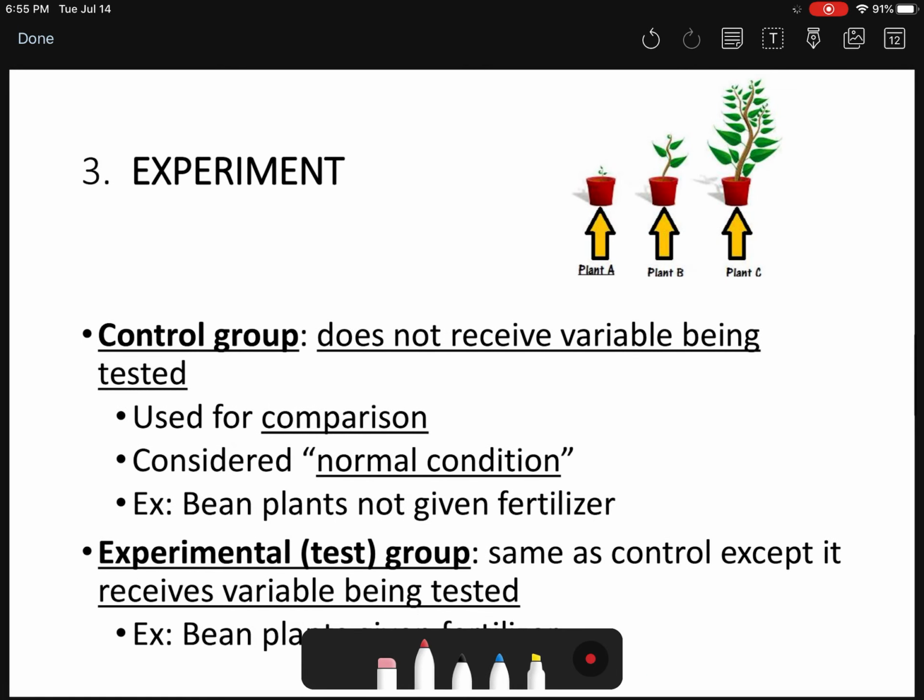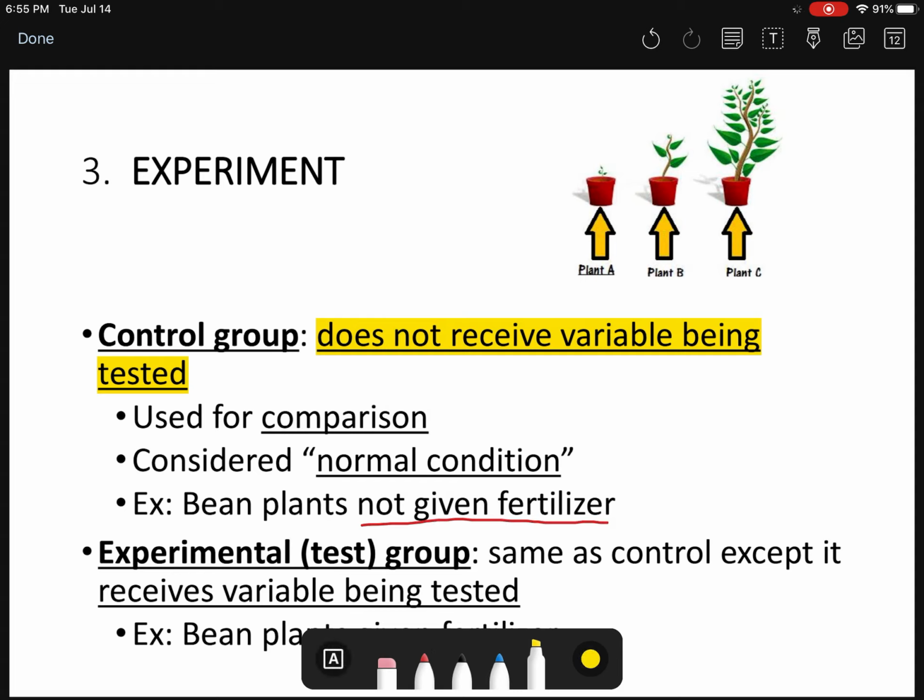Continuing on, when we look at the different groups that we're going to be setting up in our experiment, we break them down into 2 categories. They're either going to be the control group or they're going to be the experimental group. The control group does not receive the variable being tested. Okay, so in this case, it would be the bean plants not given fertilizer because we do not want to have that in there.